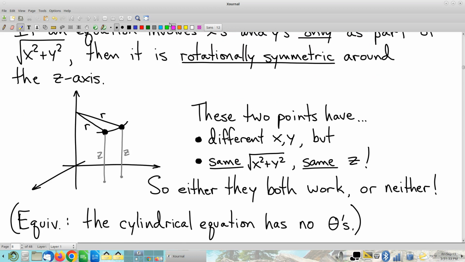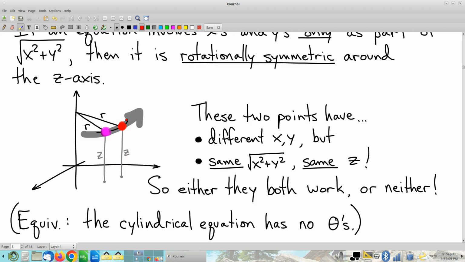Let's suppose we have a point. And now imagine that I rotate that point around the z-axis, and of course that takes my point and it generates a bunch of other points, including, for example, that point. And what can I say about these 2 points? Well, they're totally different points. They have different x's. You can see from the picture, totally different x's, totally different y's. You wouldn't think that they would necessarily have anything at all to do with each other in an equation.